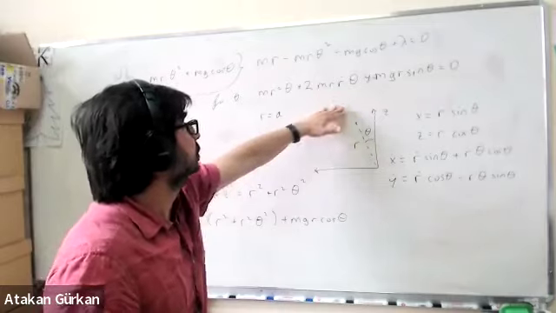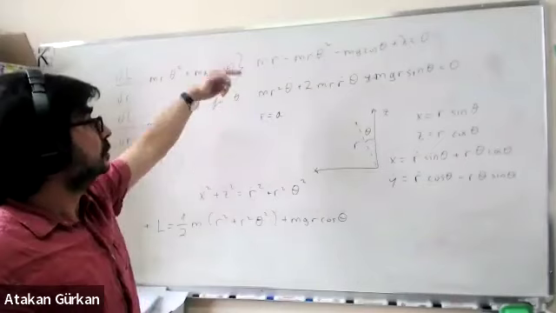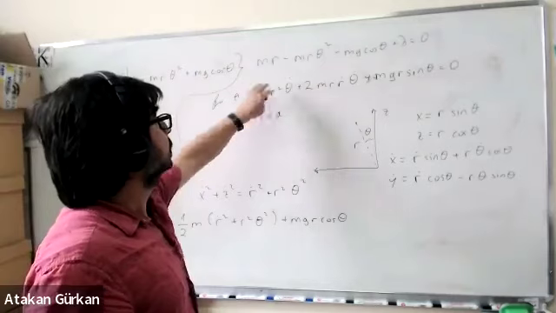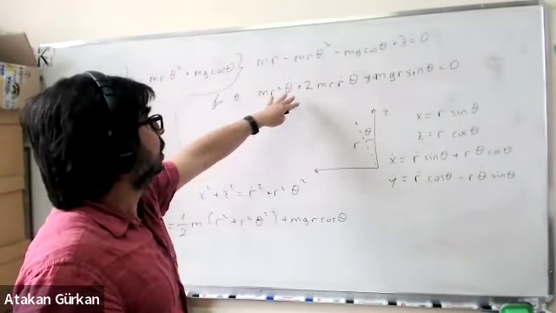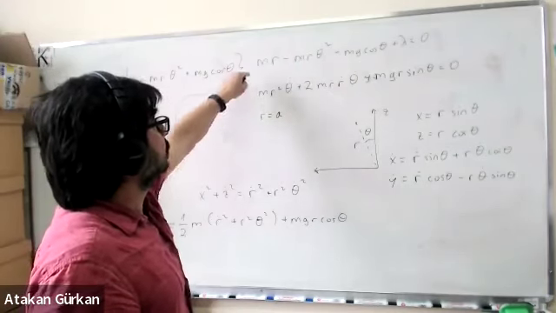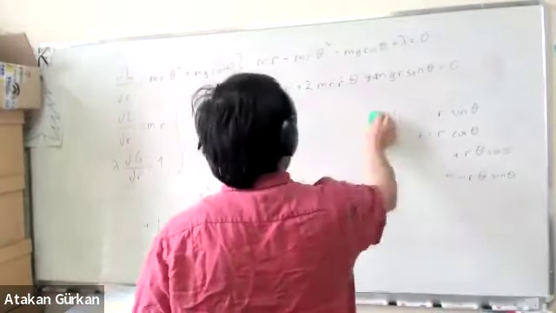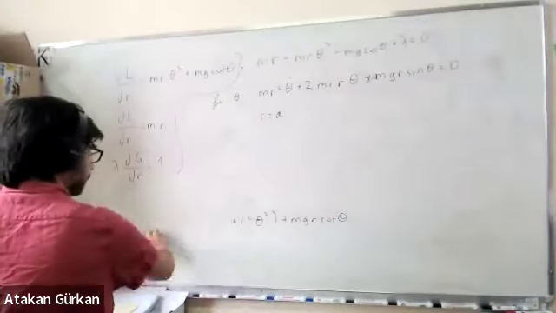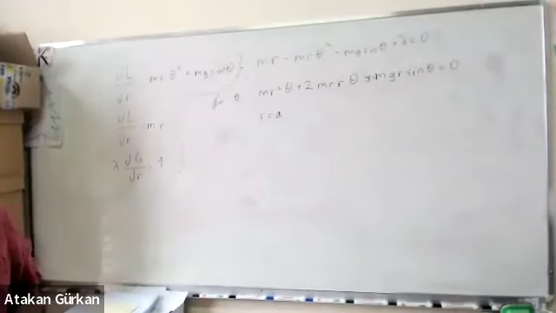You get some simplified equations, and when you solve one of these two and substitute into the other, the simplified equation can be solved and substituted into this one. The solution is given in the book. I'm not going to go through this, but it is a useful exercise to go through on your own.